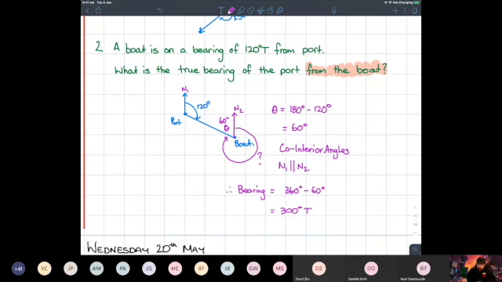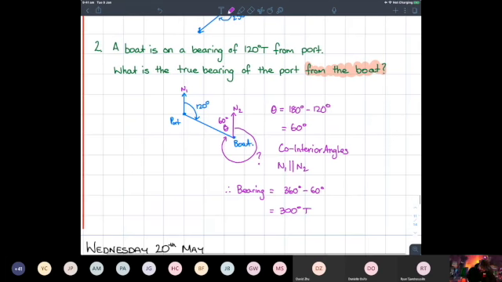And that is the angle of a revolution, or angles at a point. So I've used my knowledge about angles at a point, and there we've answered our question.